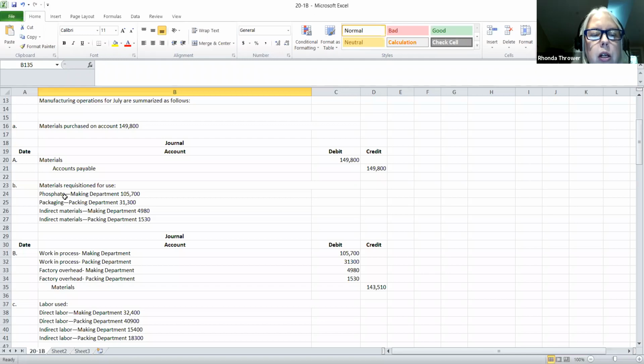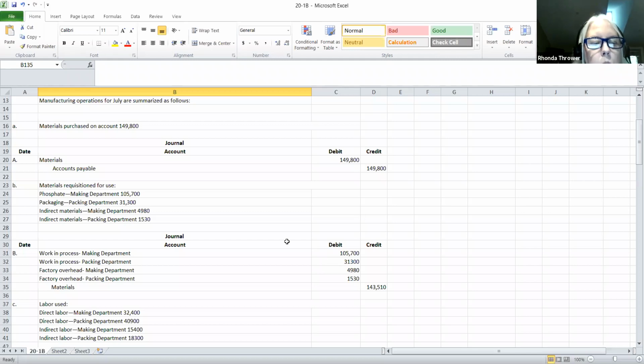It's a direct material, and so it's going to enter into the making department first. So what we do is we take our direct materials and debit them into the work in process making department for 105,700, and that was the phosphate that we are taking out of materials and placing into production.